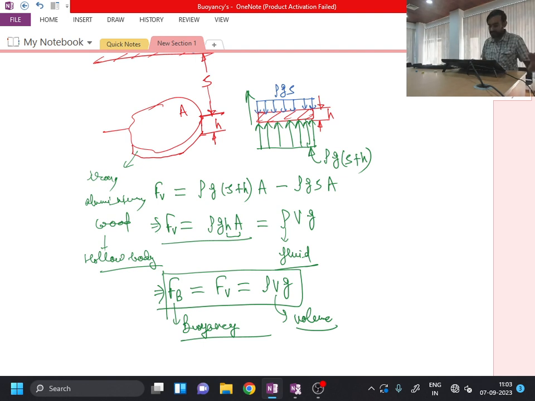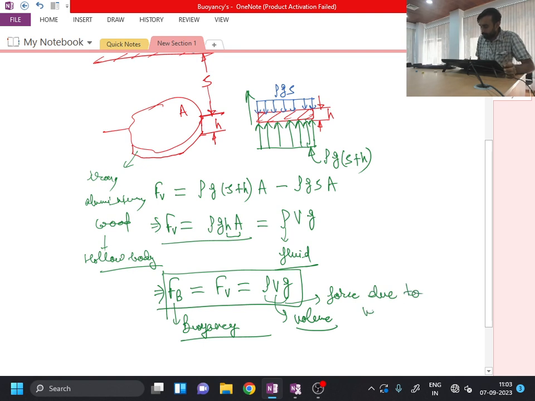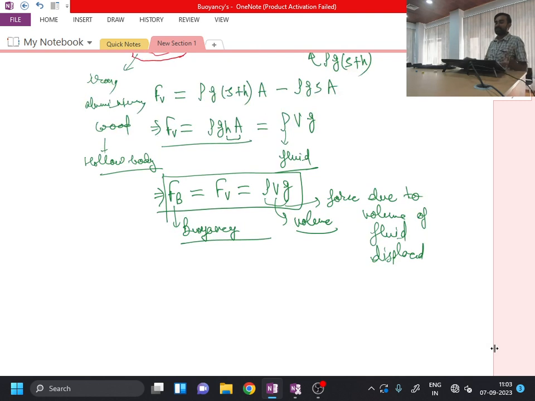So what I can say is that the buoyancy force is nothing but the force due to the volume of fluid displaced. Whatever volume of fluid is displaced, the equivalent force acts in the vertical direction.